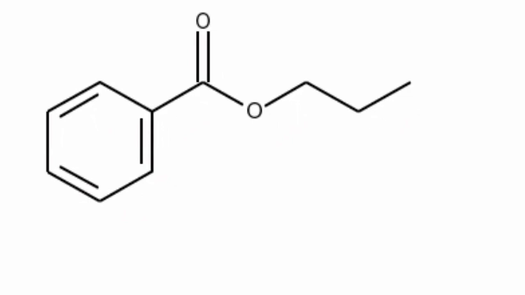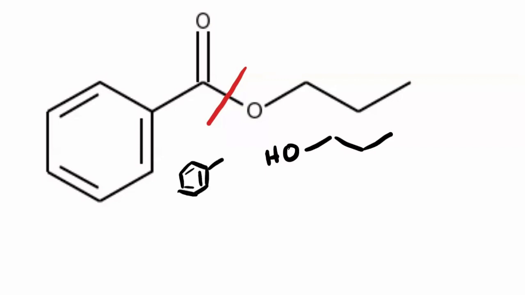Here we have an ester. I'm going to draw a line in between the carbonyl group and the single bond oxygen. Whatever is connected to the single bond oxygen came from the alcohol. So in this ester, this was the alcohol that was combined with the following carboxylic acid.